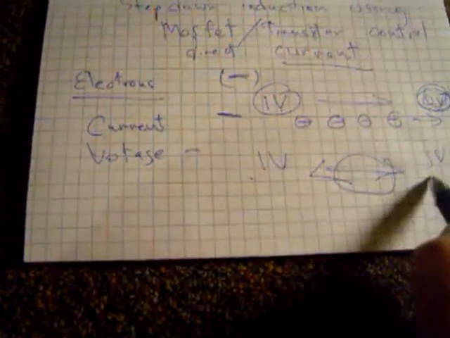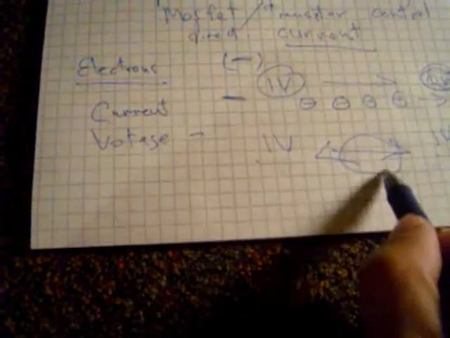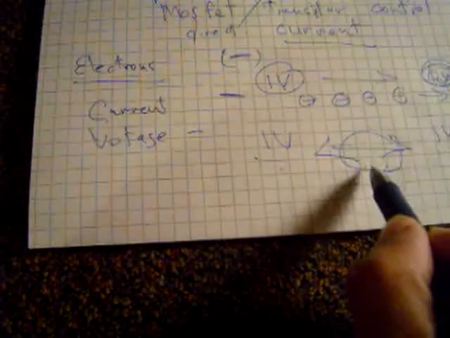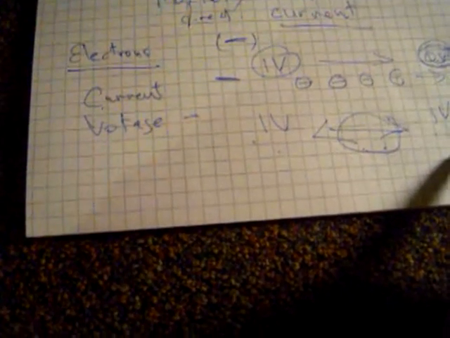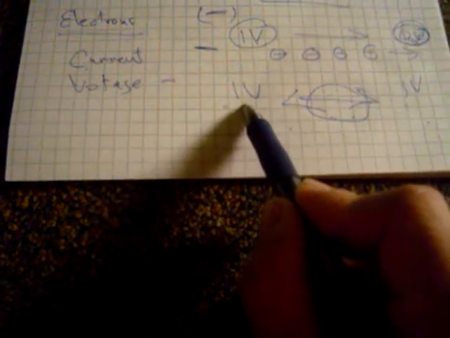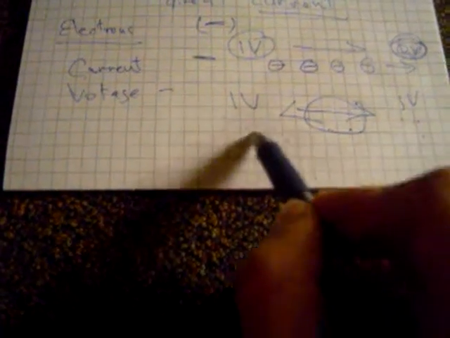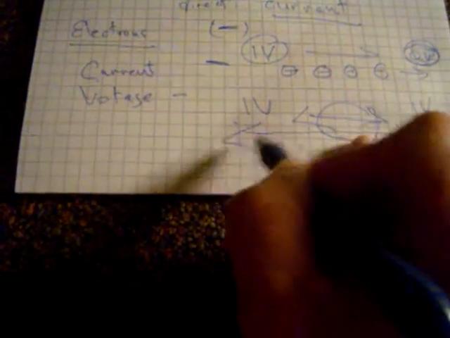Now, why does current flow? Current flows because of a physical property. It's called pressure. It's not thermodynamics, it's pressure. The current flows from a higher to a lower voltage because there's a drop in voltage, causing the electrons to flow in that direction. If the drop in voltage is the reverse, it will flow in that direction.